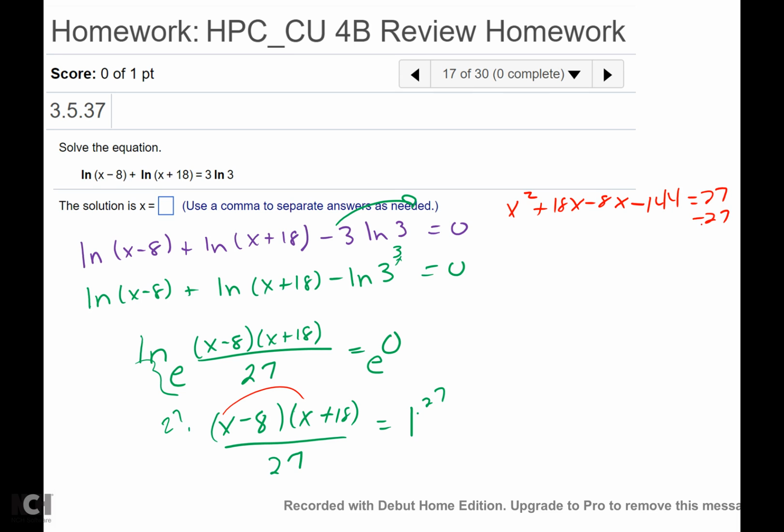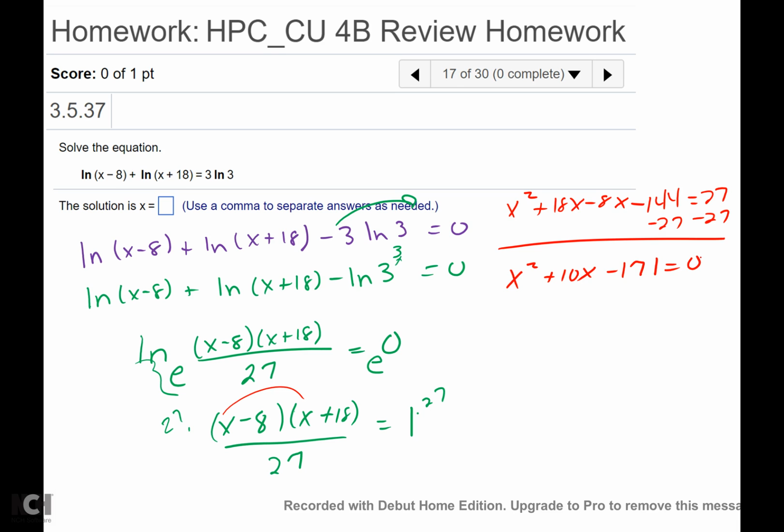So now I'm going to subtract 27, and I get x squared plus 10x negative 144 minus 27 gives me negative 171 equals 0.